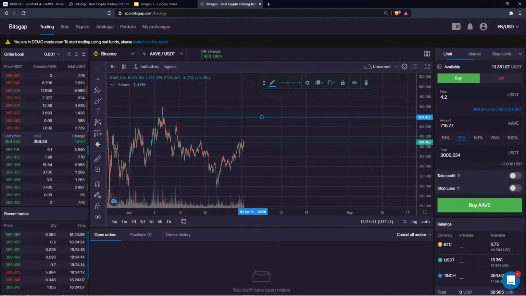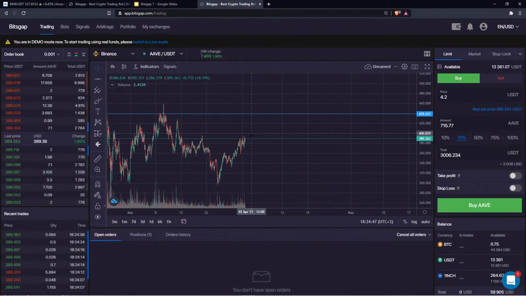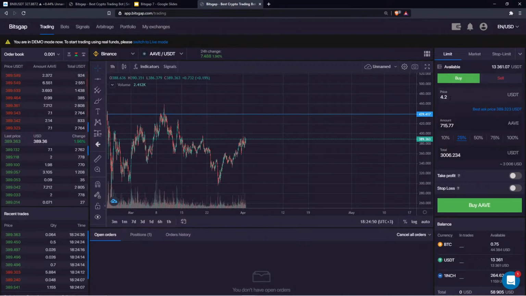Because let's say you want to enter the market with a limit buy order, but when the price goes higher, this would be impossible with the limit buy order, because it would just buy at the current price. Let me actually show you this. For example, I want to enter a long position as soon as the market reaches this blue line over here.